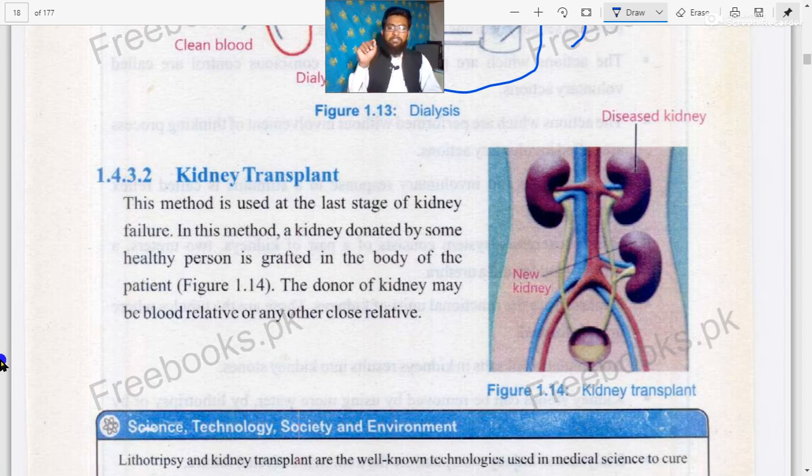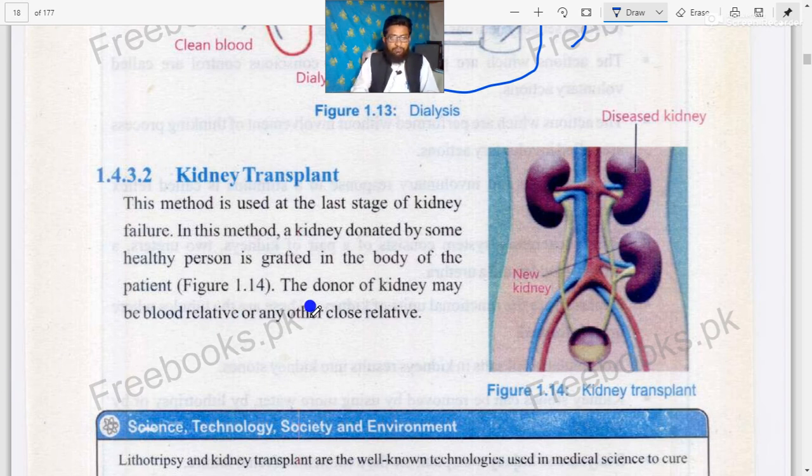Some healthy relative, a close person of the patient, donates a kidney, and this healthy kidney is transplanted, fixed within the body of the patient.